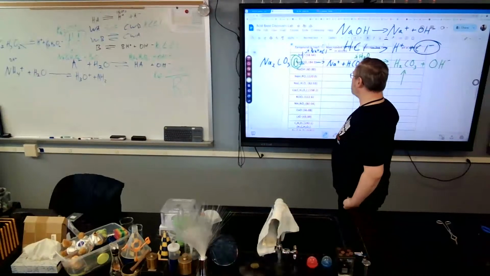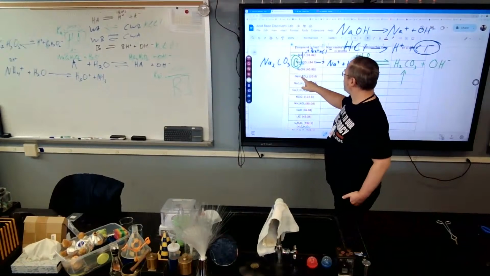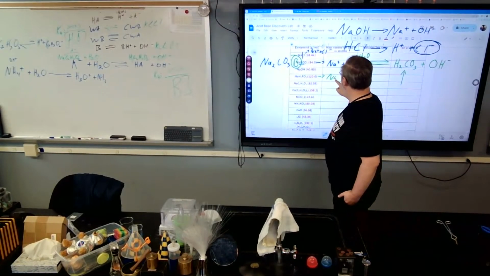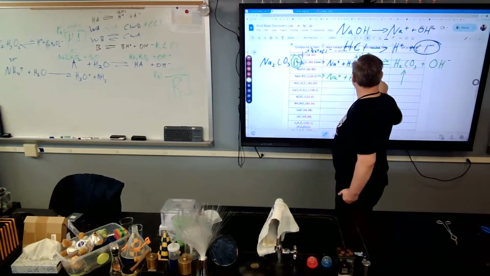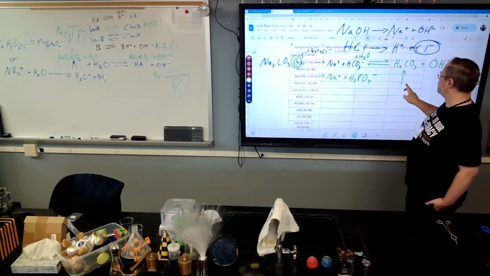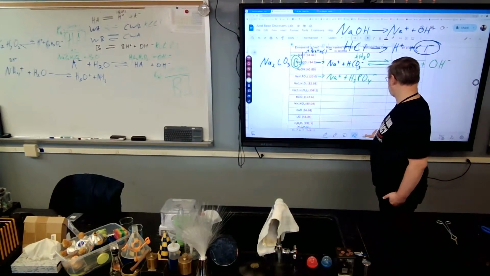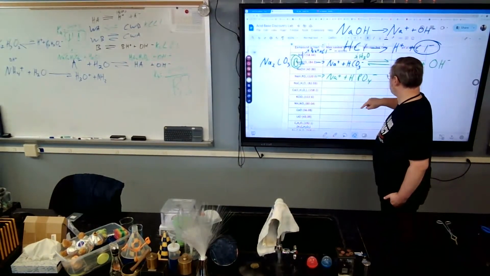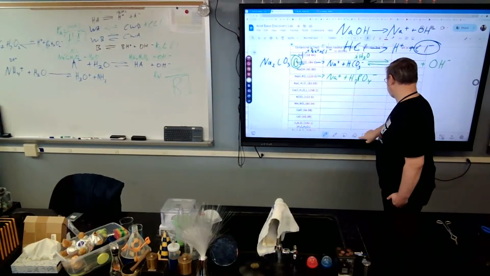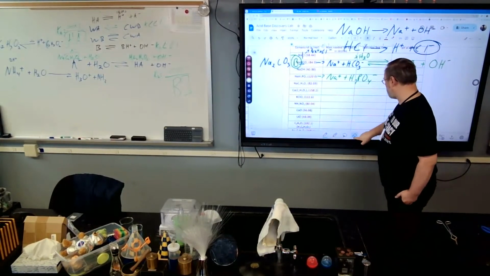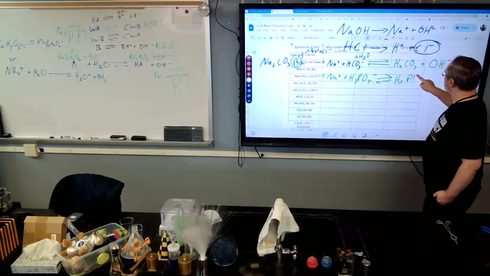And then we get this one, sodium phosphate. It has the same situation as the previous one, where this is going to break down into Na plus and H2PO4 minus, and it is going to take a proton to form H3PO4.